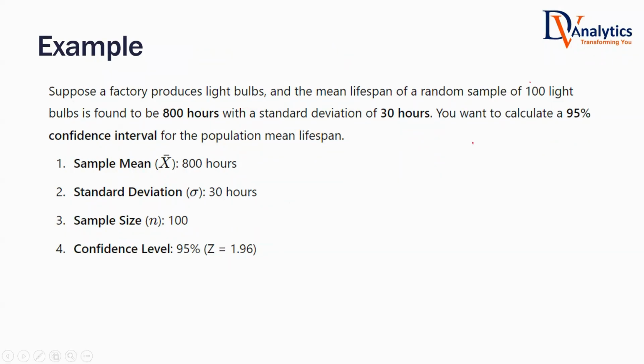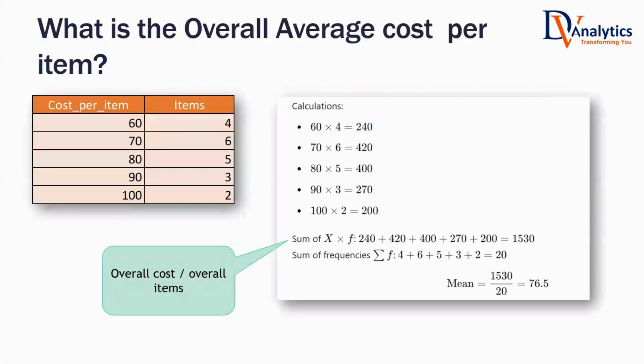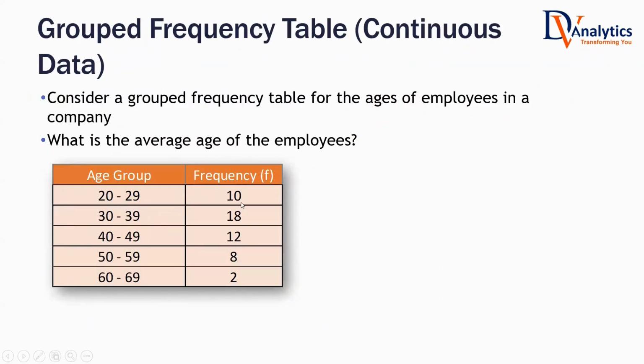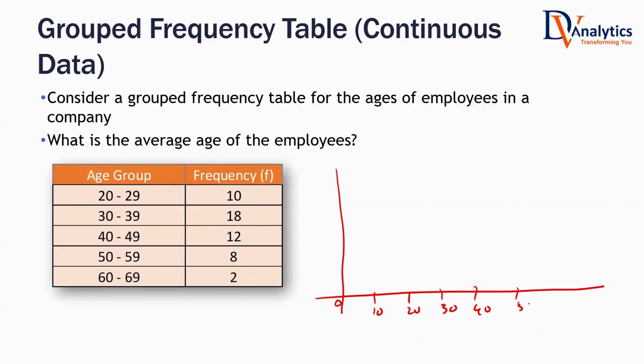The histograms are similar to the range charts that we have seen initially. So basically, if I try to draw this, from 20 to 29, 10 people are there. From 30 to 39, 18 people are there. And from 40 to 49, 12 are there. If I try to draw this, the minimum value is 0 and then 10, 20, 30. Maybe I'll take this as 5, 10, 15, 20.